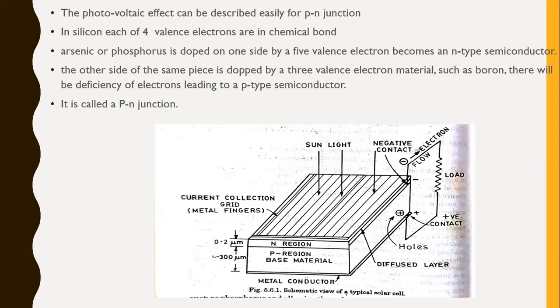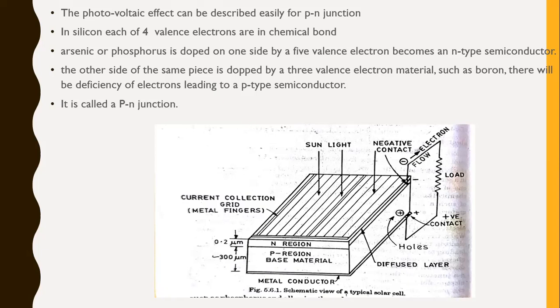Now if a piece of such material is doped on one side with a five-valence-electron material, examples being arsenic and phosphorus, there will be excess electrons on that side.